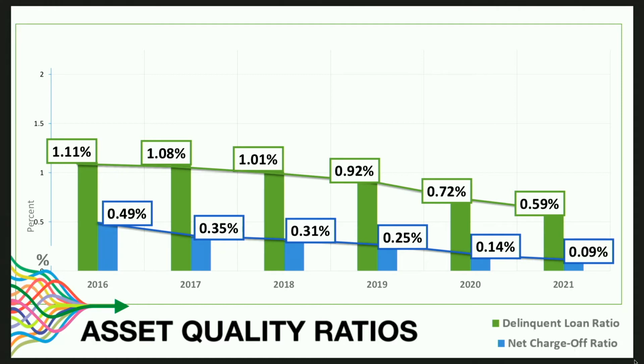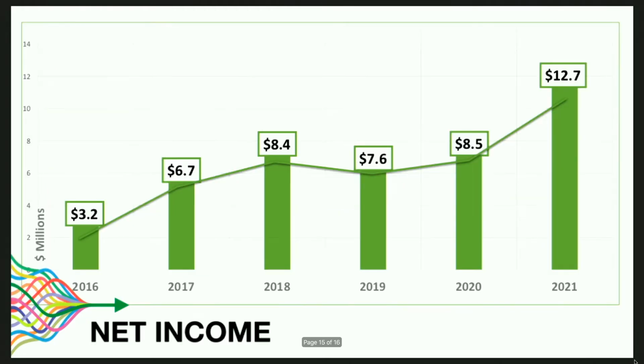We also see our loans with payments that are past their due dates by 60 days or more, also measured as a percentage of loans, trending nicely lower as well, declining from 0.72% in 2020 to 0.59% in 2021, which was our lowest since 2006.